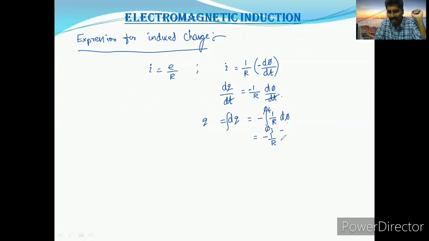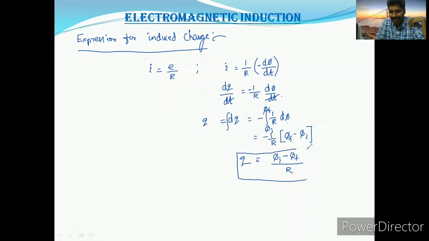After integration with the limits, upper limit minus lower limit, the minus is there, so I will write initial flux minus final flux by resistance is equal to charge.